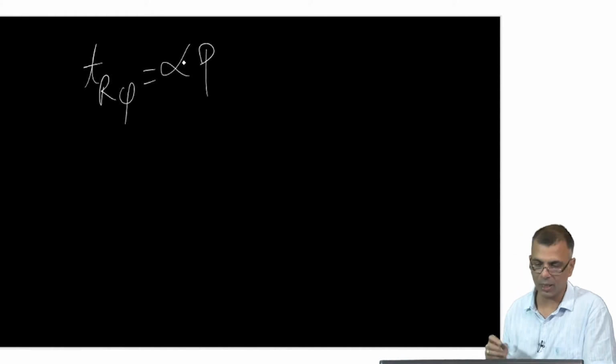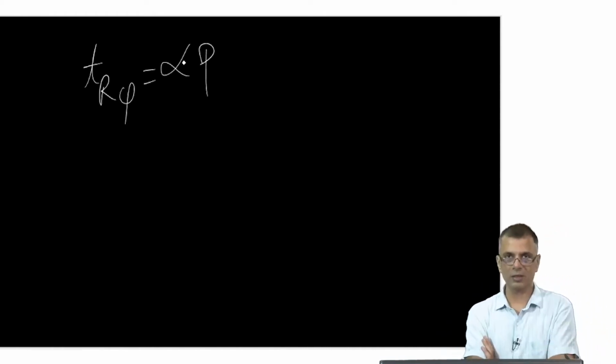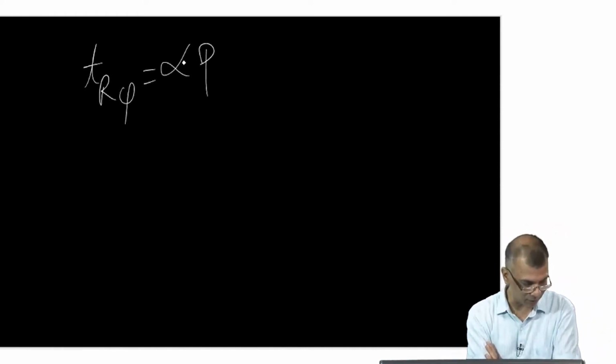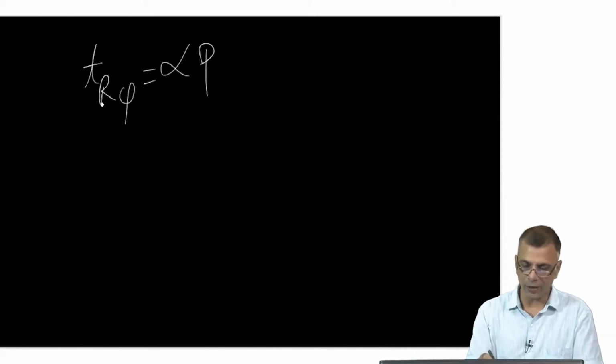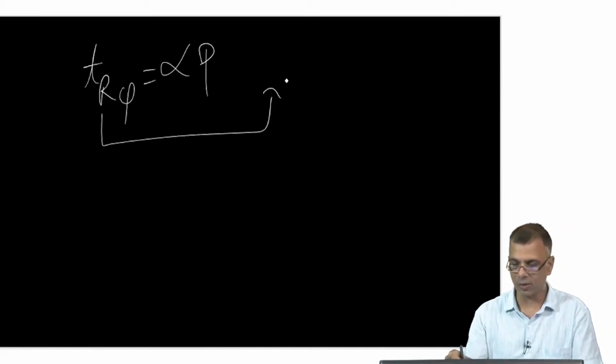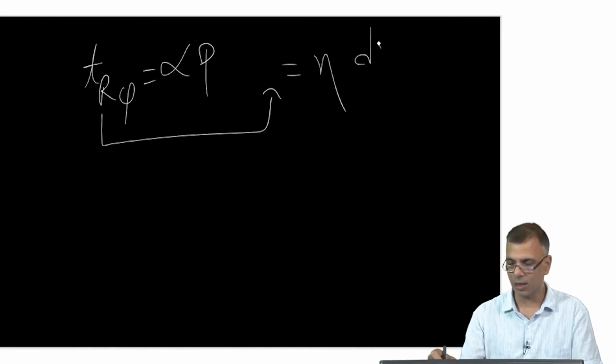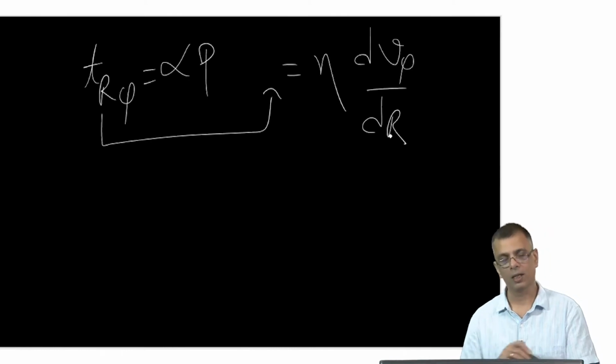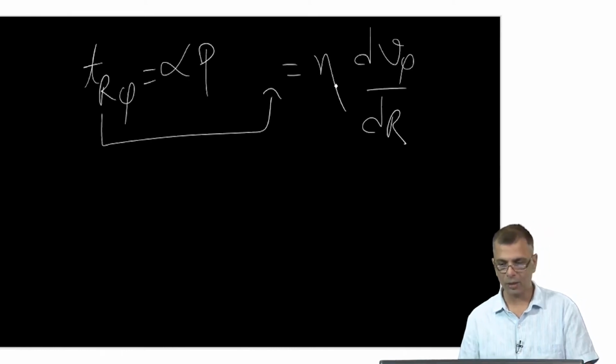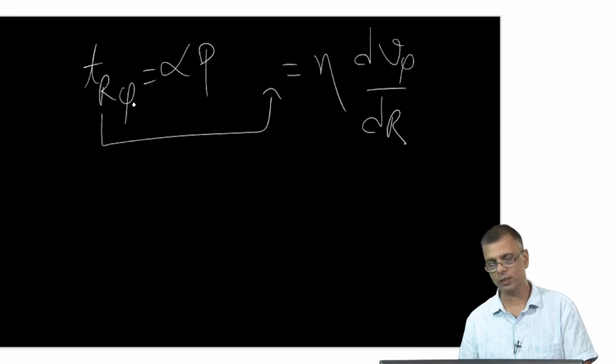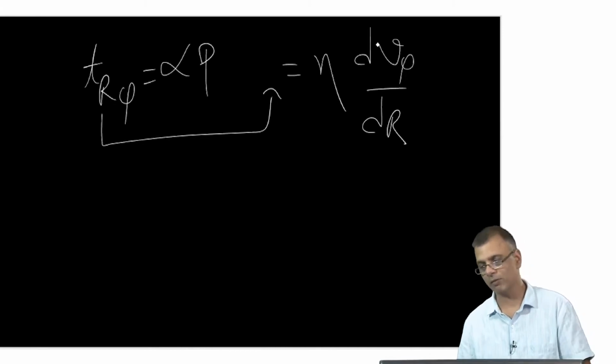This is the famous Shakura-Sunyaev parameterization, and by definition this Trphi is something like eta times dVphi/dr, because this is the definition of the viscous R phi component of the stress tensor.